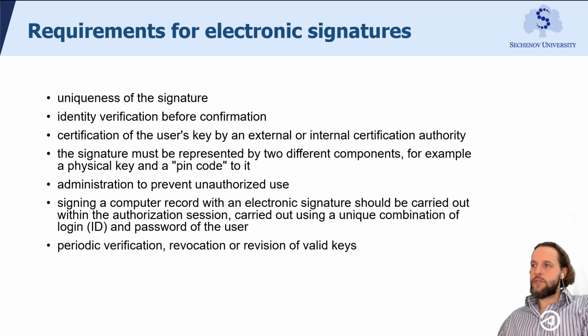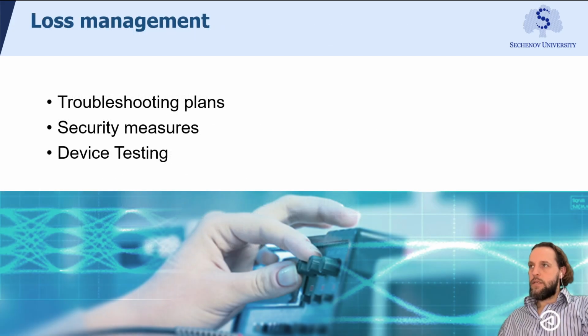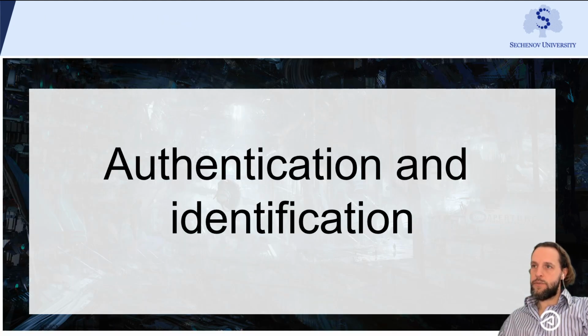And we need to periodically verify all signatures, and there should be tools to revoke invalid signatures. For example, when outdated, or when a person leaves the company, his signature shouldn't be usable anymore. There should be measures to prevent data loss, for example, plans in case of some violations or troubles, security measures in place, device testing, and so on.